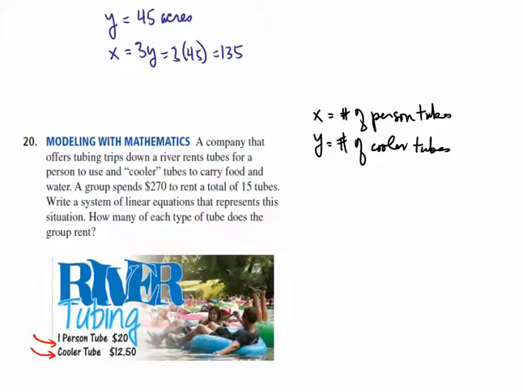So one thing we know here is that $20 times the number of person tubes, that will give us the amount of money from person tubes.